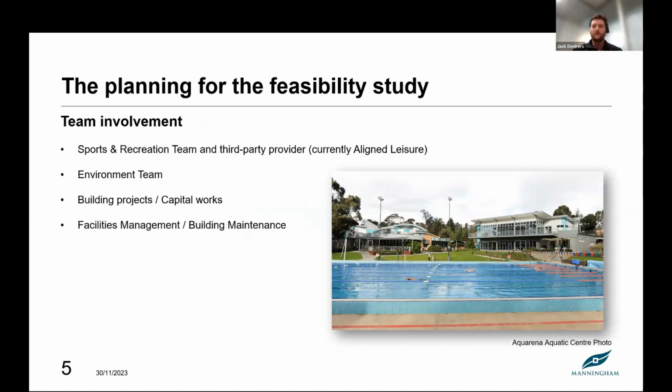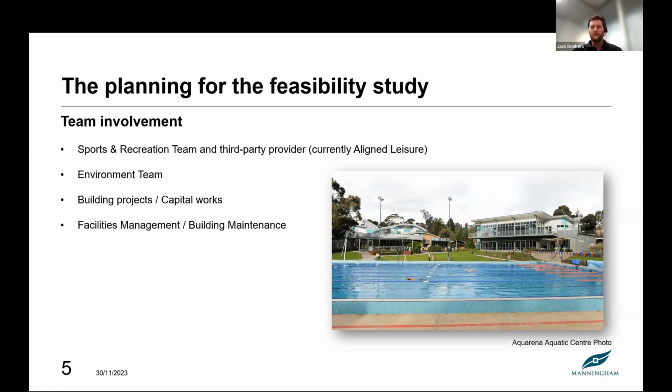They have the on-ground knowledge of who's in the centre daily, how the centre's used, the BMS for the centre, as well as operational conditions, so temperatures of pools, temperatures of air, what are some maintenance and ESG behaviours, as well as hardware that needs looking at from an operator's perspective, and then going ahead and implementing those into our study. I'm from council's environment team, as well as other members of my team.